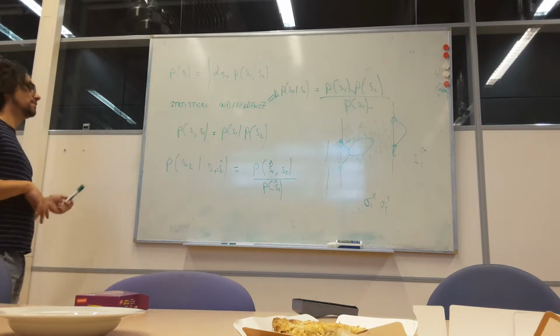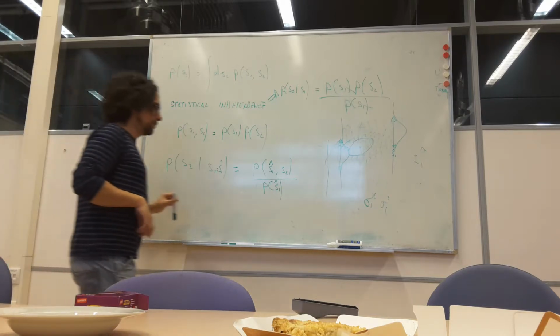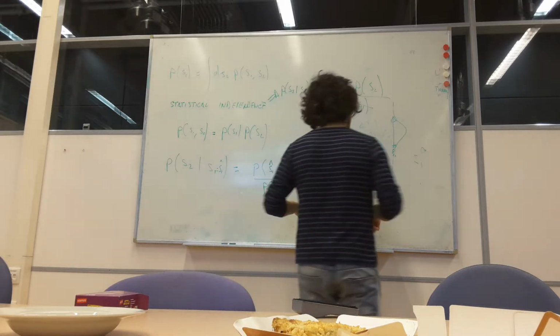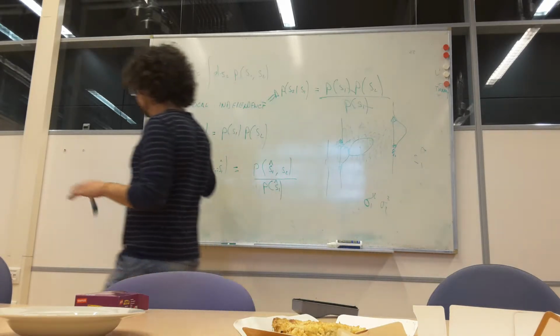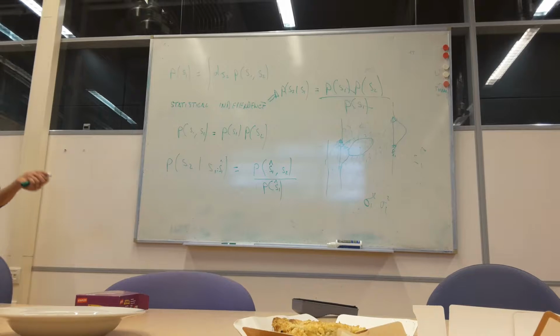Actually, maybe what I'm going to do is skip the information theory stuff that I treated last time, and maybe we'll treat it again, but from here I want to go to the Bayesian formalism.